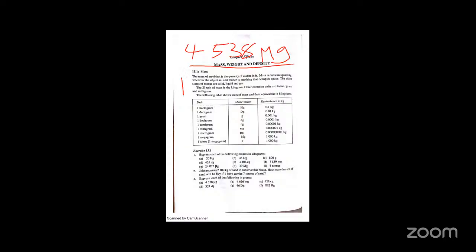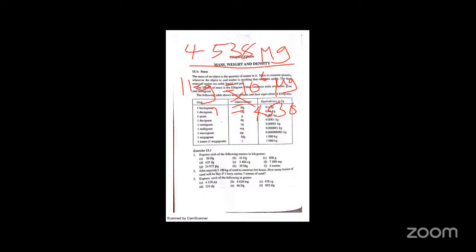We know that 1 kilogram is equivalent to 1 million, which is the same as 10 to the power of 6 micrograms. So we already have 4,538 micrograms. How can we convert it to kg?